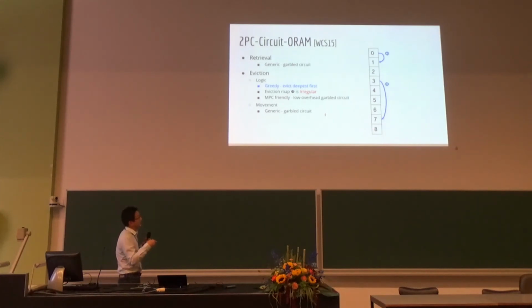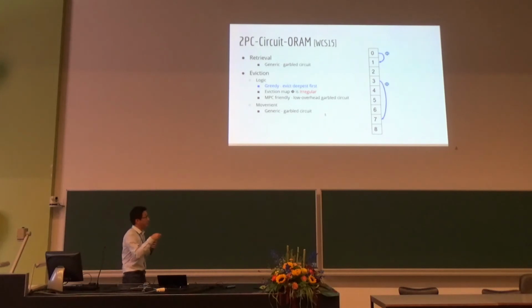So what this means is that, okay, so on the right side, this is an abstraction of a tree path. So this bucket 0 is the tree root, and then the rest will be the tree nodes along this path. Okay, so at every level, we will find a data block that can be evicted deepest along this tree path. So recall that every data block has a tree path associated with it.